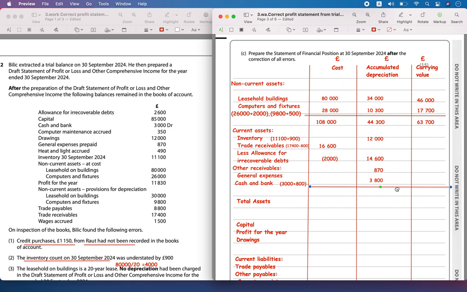Okay, so that value should be equal to 31,270. Now 31,270 plus 63,700, so it is equal to 94,970. So this is the value of the total assets.